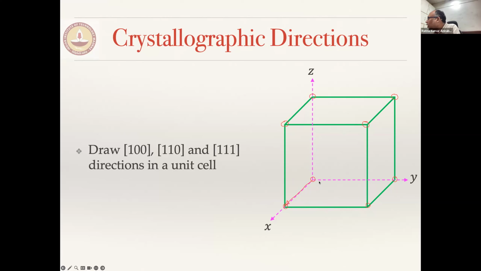And now let me draw another direction, this is 0, 1, 0. Do you agree? And that is 0, 0, 1, isn't it? Now I have 1, 0, 0, 0, 1, 0, 0, 0, 1.